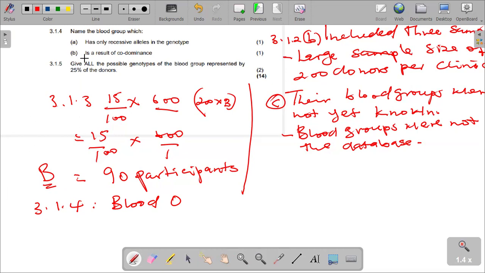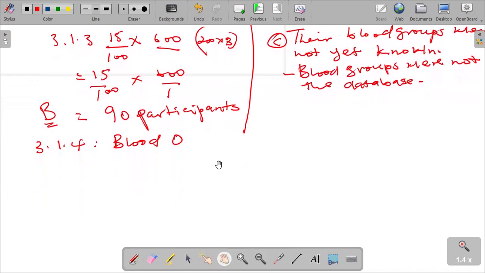And then AB is a result of codominance. Codominance, as we already gave in the first part of the question, is whereby allele A and B join together.